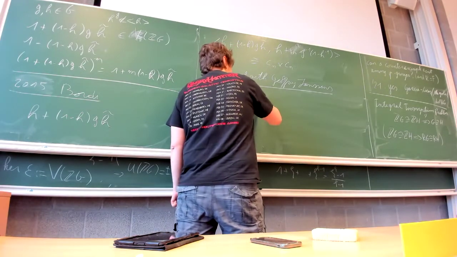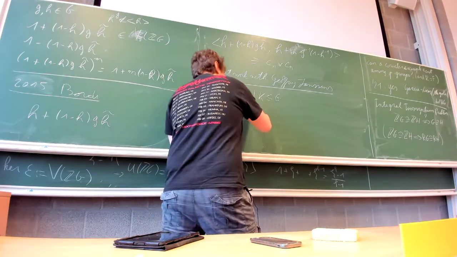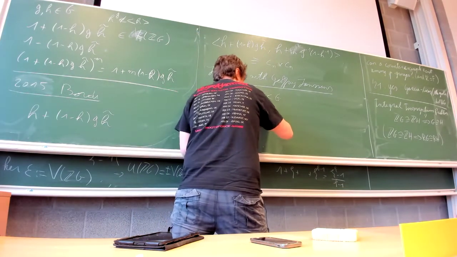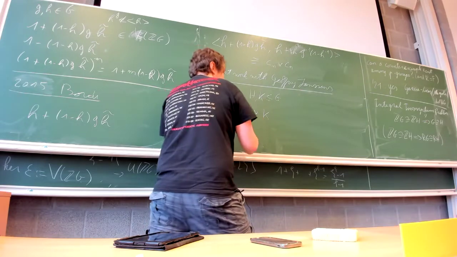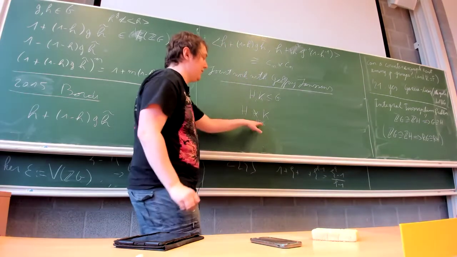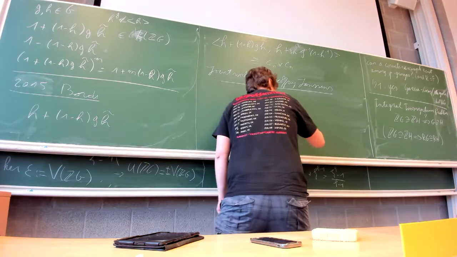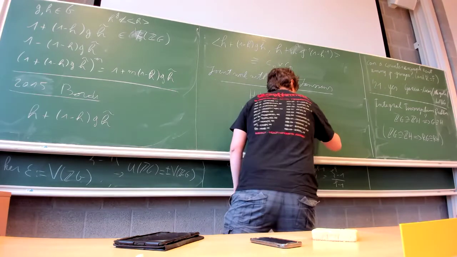So if you have H and K, both subgroups of G, can you then find free products of H and K or actually an amalgamated product? And we think that the amalgamation should be over the intersection between those two within the units of ZG.